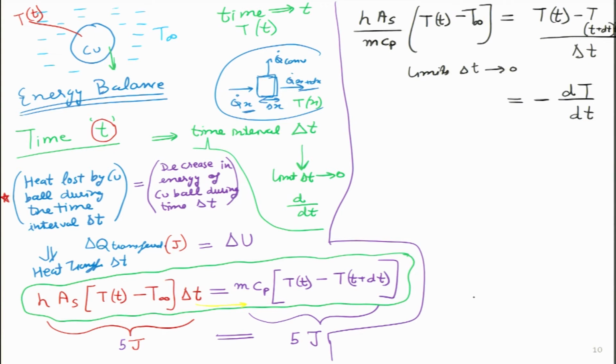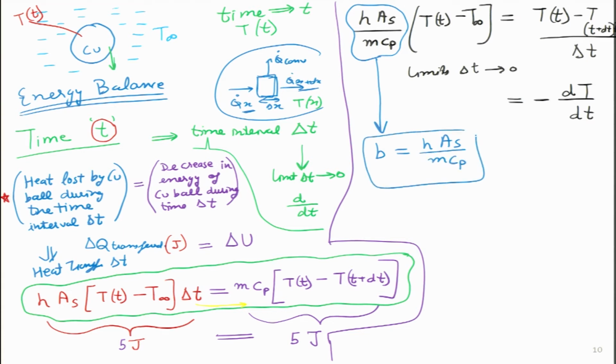Now, one substitution I want to make is for this particular term over here, because it is appearing very big and there is a physical significance behind it as well. Let me substitute it with the symbol B. So, I will write B equals hA_s divided by mC_p. And this will have the units 1 by seconds.